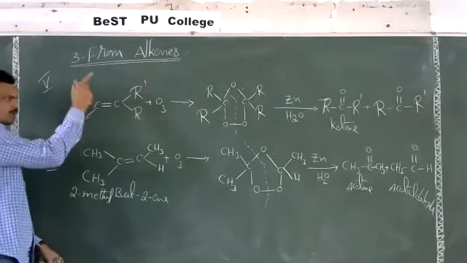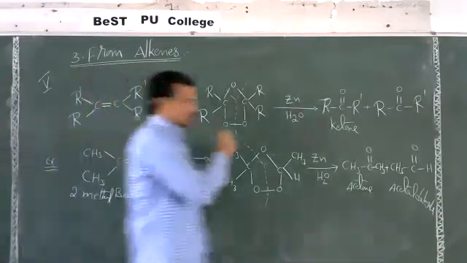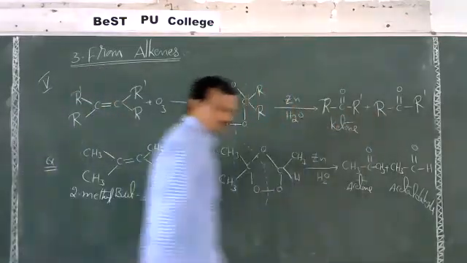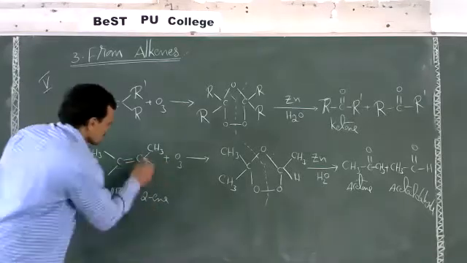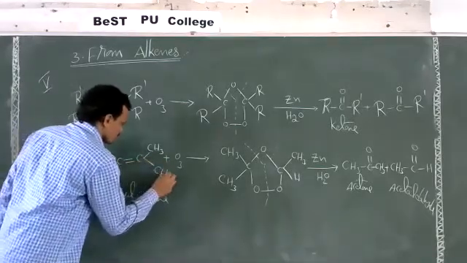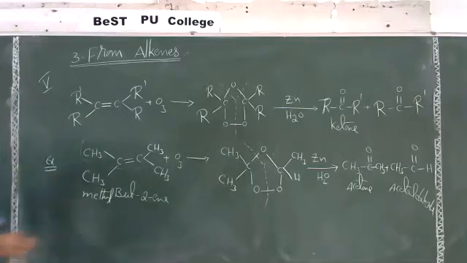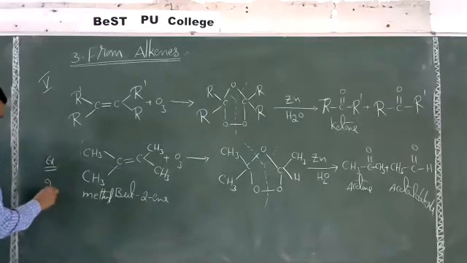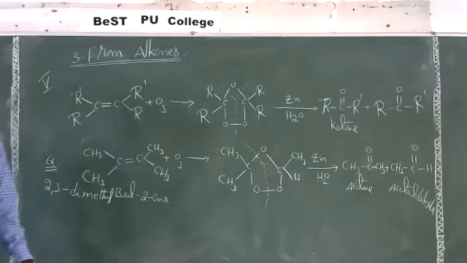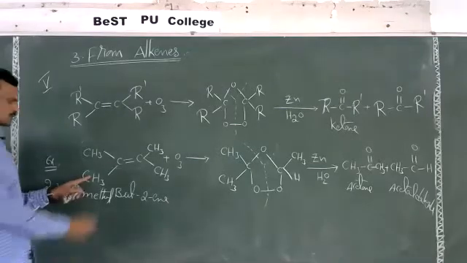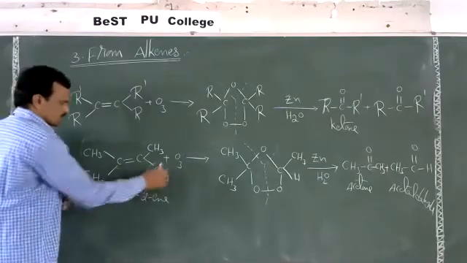carbons. A fully substituted alkene can give 2 moles of ketone. Now see here also take methyl group. Now what is the name of this compound? This is 2,3 dimethyl butadiene. Here one methyl group is there, here one methyl group is there.